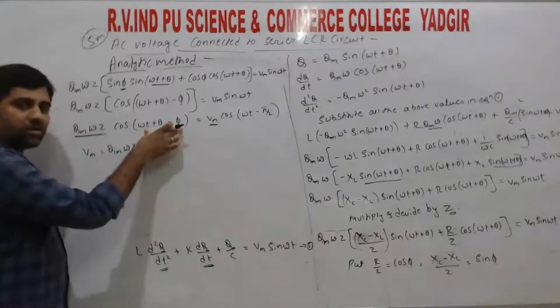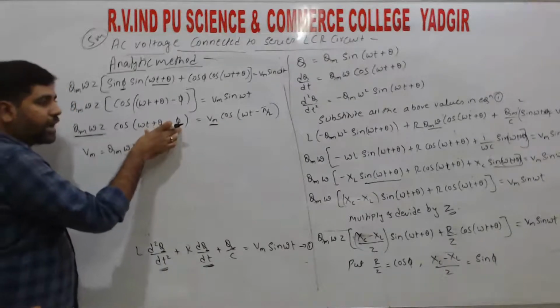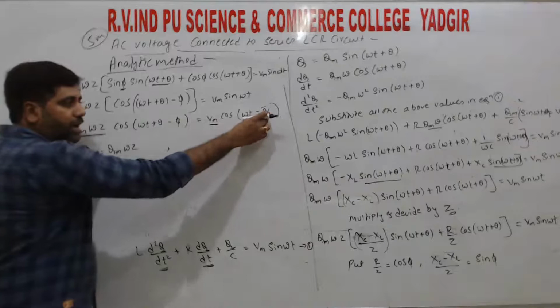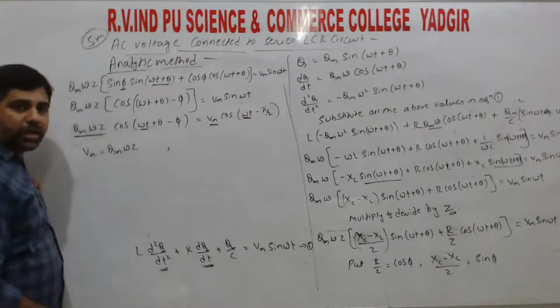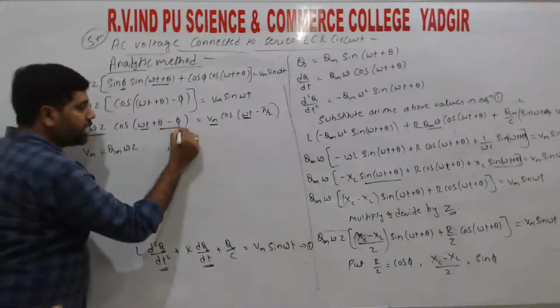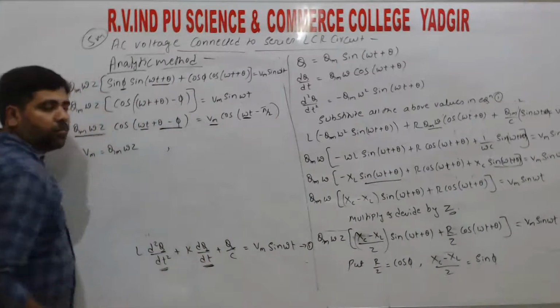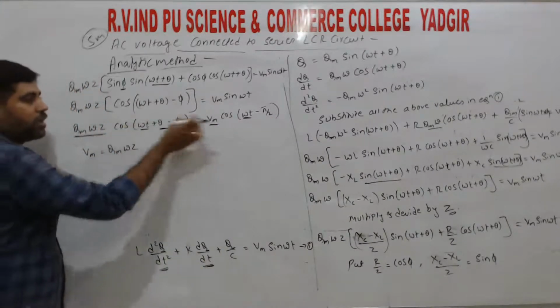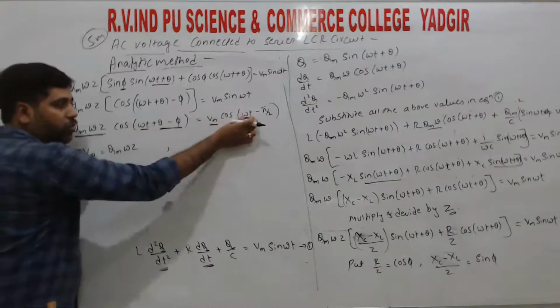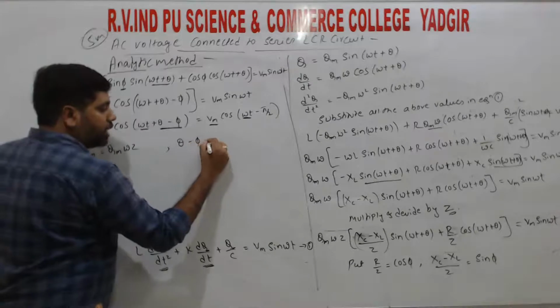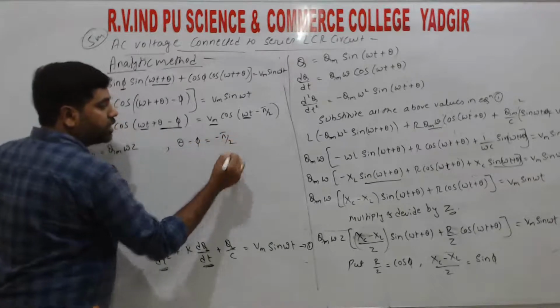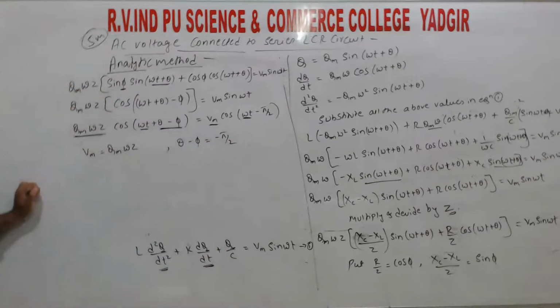So the cos of an angle is equal to the cos of an angle. In place of omega t we have omega t, and in place of theta minus phi we get minus pi by 2. So from this we can write theta minus phi is equal to minus pi by 2, right?